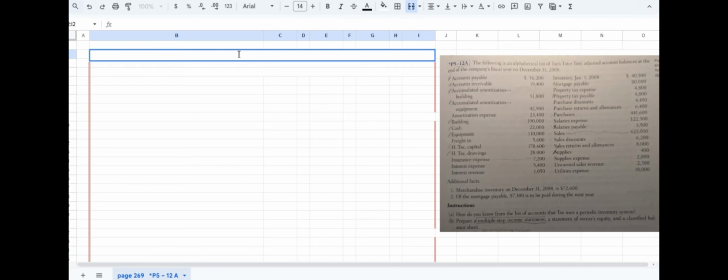The following is an alphabetical list of Tessie's Tater Tots adjusted account balances at the end of the company's fiscal year on December 31, 2008. So we're just going to do part B and just prepare a multi-step income statement. So again, we're going to start with the company name. In this case, not sure how to pronounce it, but Tessie's Tater Tots.